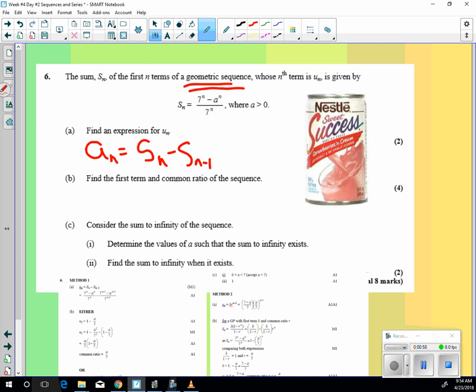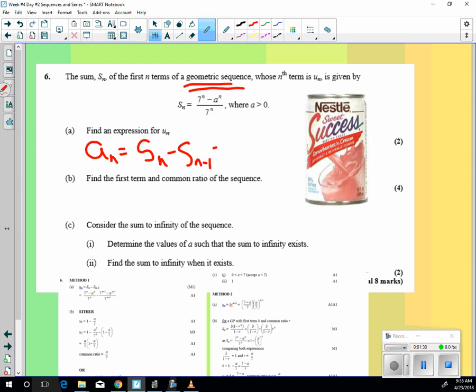Because if you had, let's say you had 2, 5, 8, 11, that's not geometric, but when you're adding these up, if you had a sum which was 7 and 15, if you want to know what the value in between is, you're going to take this one minus this one. So this should give us our a of n.